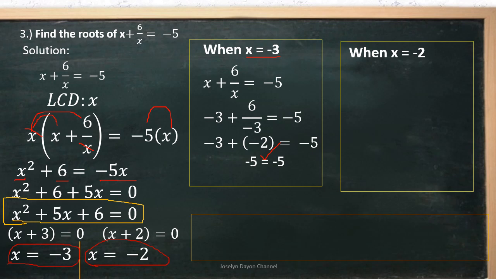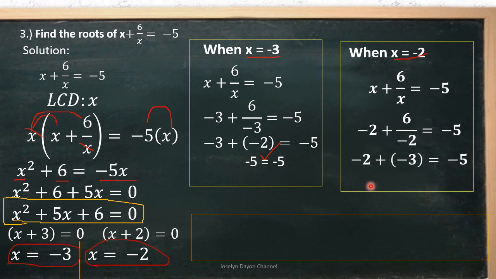Now, when x is equal to negative 2, same, copy the equation and substitute the value of x by negative 2. So negative 2 plus 6 divided by negative 2 equals negative 5. So copy negative 2 plus 6 divided by negative 2. The answer is negative 3.